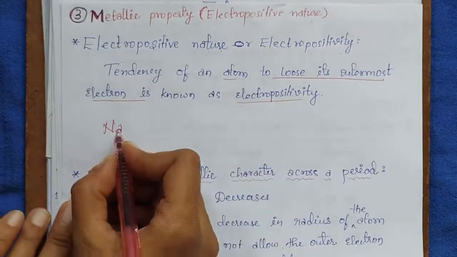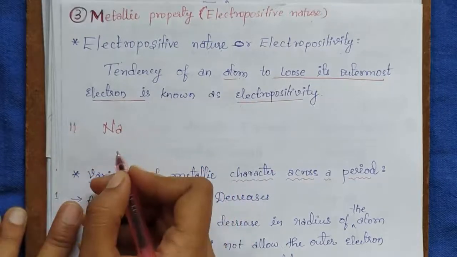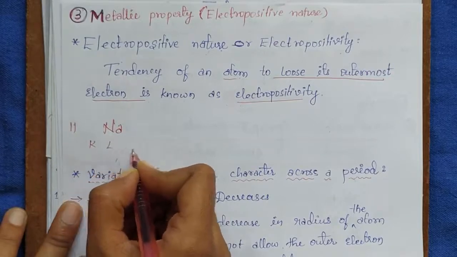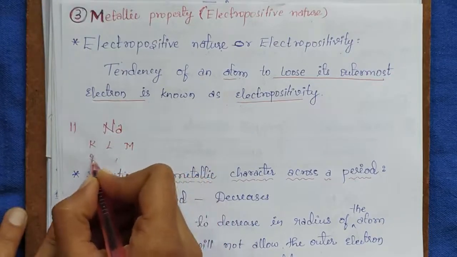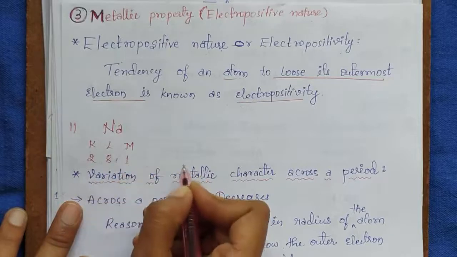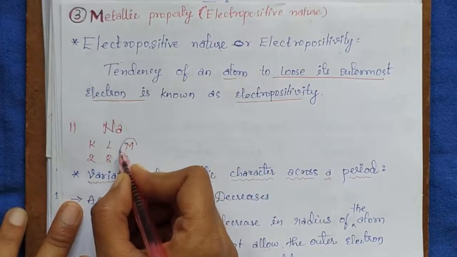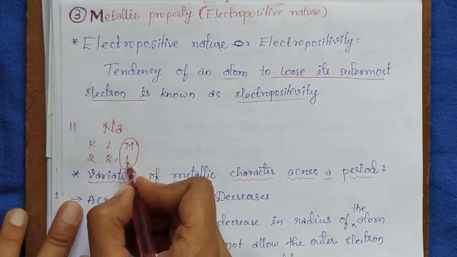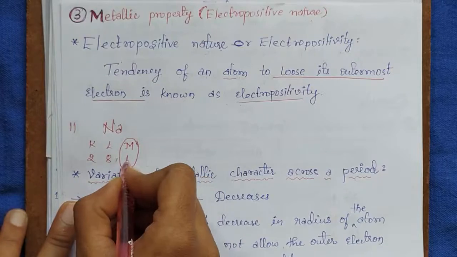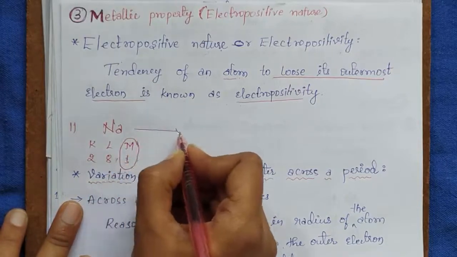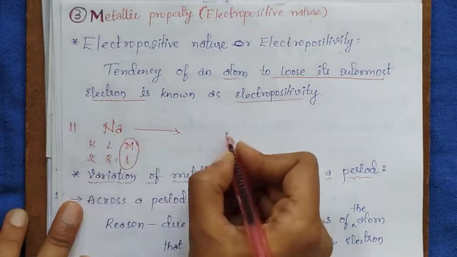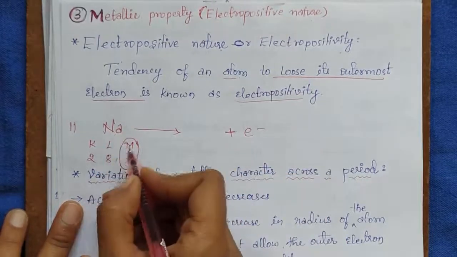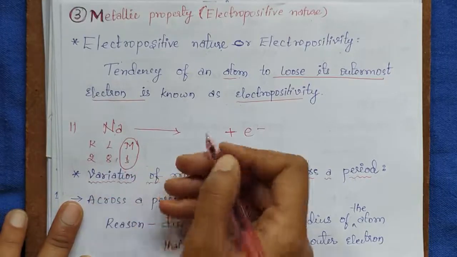The atomic number of sodium is 11 and its electron distribution in different shells is K, L, M: 2, 8, 1. M is the valence shell and in the M shell one electron is there, and this one electron can be easily lost by the sodium atom. So the sodium atom loses this one electron.